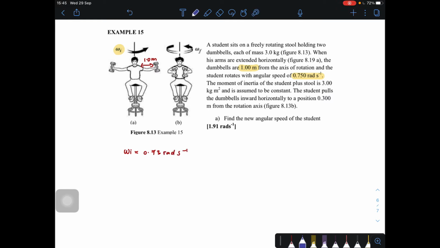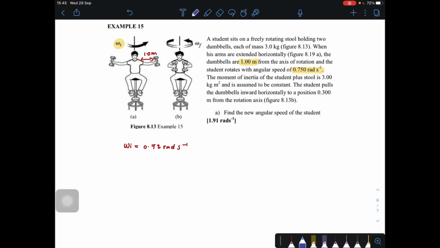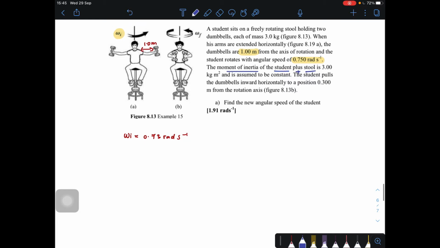And then we are also given the moment of inertia of the student plus the stool. Okay, so we are given the moment of inertia of the student plus the stool, which is equal to 3 kg meter square. And then he tells us this value is constant. He assumes it is constant.